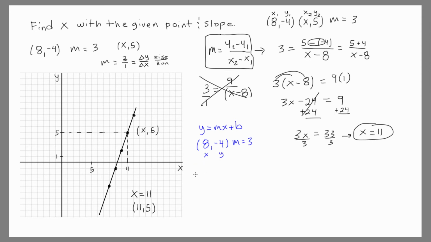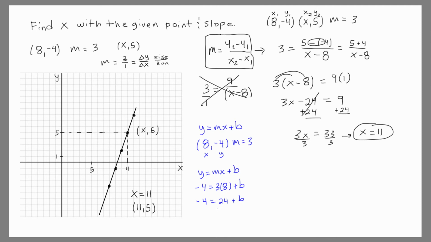So let's write this again. y equals mx plus b. So y is going to be negative 4 equals m, which is 3, and x is 8, plus b. And then we need to solve for b. Negative 4 equals 3 times 8, which is 24, plus b.